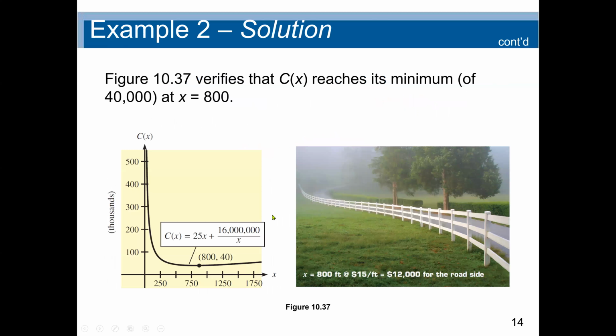And if we look at the graph, you can see it's again the minimum. So again, x at 800, y is 2,000. That will give us the minimum.